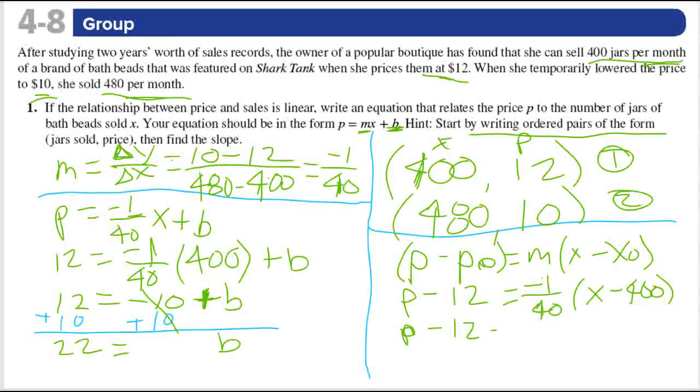So I have p minus 12 equals negative 1 over 40 times x plus 10.